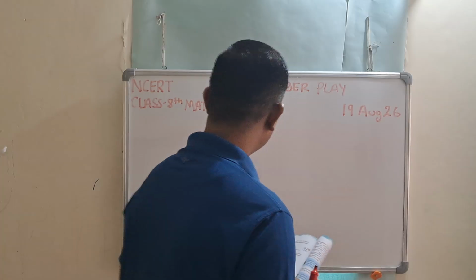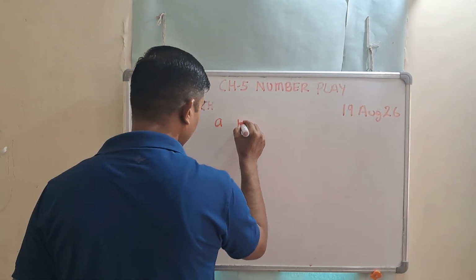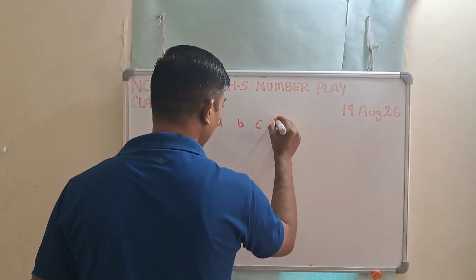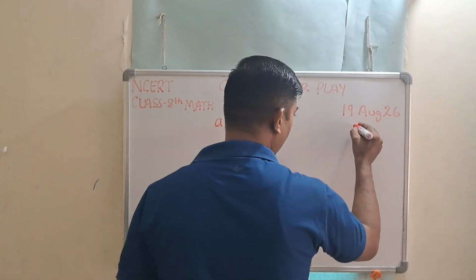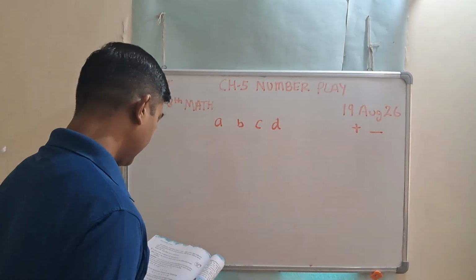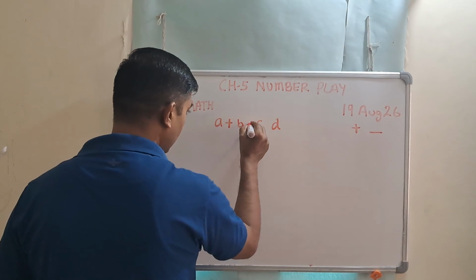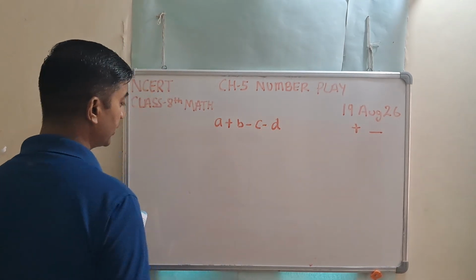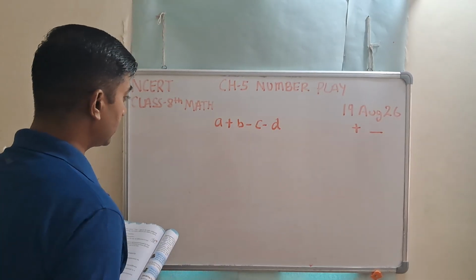Suppose we have taken any four numbers A, B, C and D. Now place any mathematical operations between them, say we have placed these. Understood? Now what will be the result?